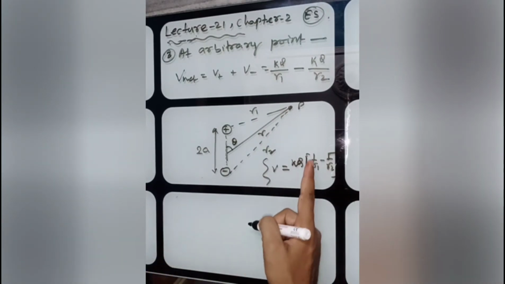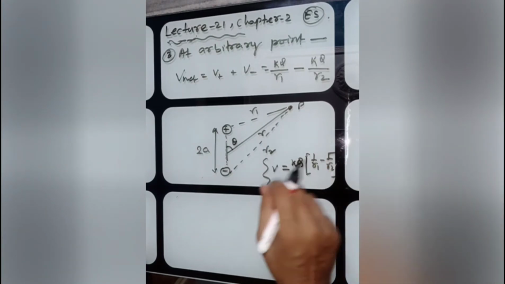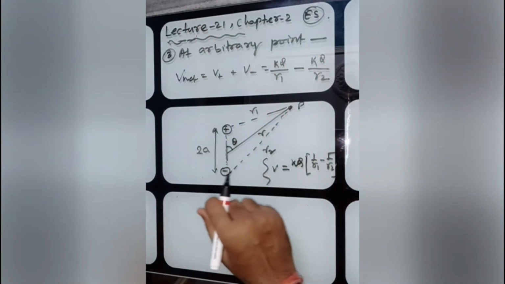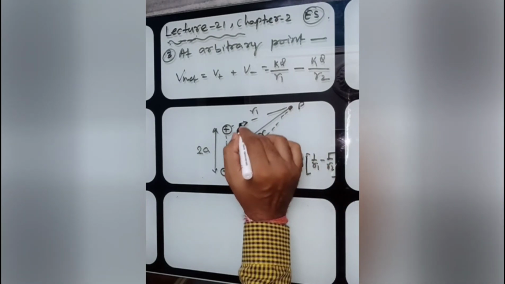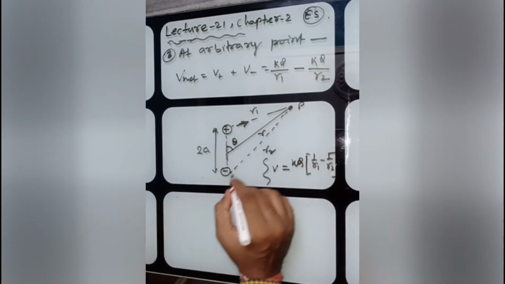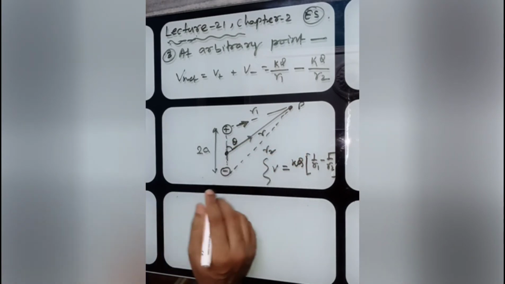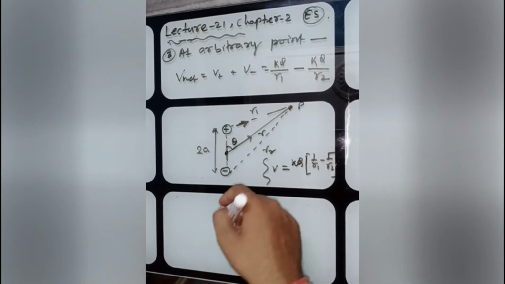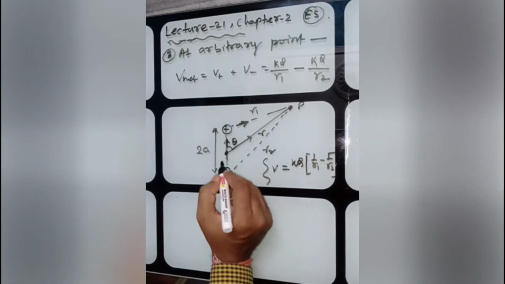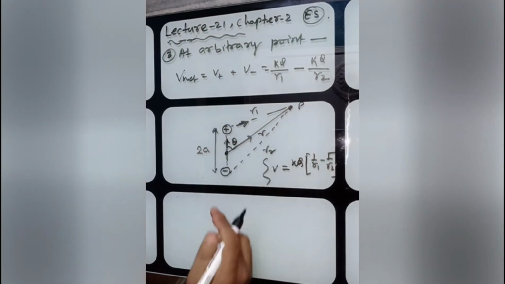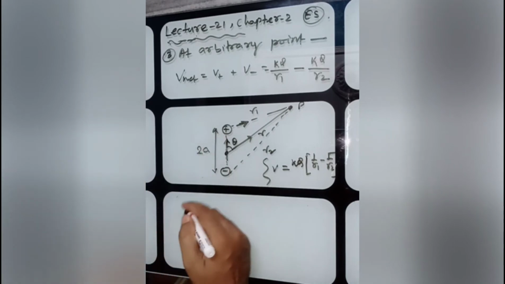Now, to find this 1 by R1 and 1 by R2, we have to do a mathematical calculation. Okay, my dear students, suppose this is the position vector R1, and this is R, and from the dipole, since it is the dipole length, suppose this is A. This will be 2A, so this is A. Could you write using the triangle law?